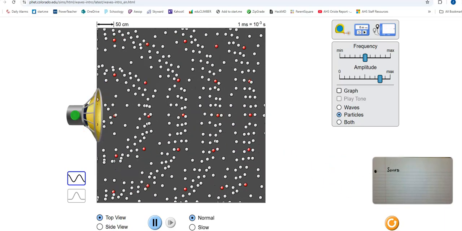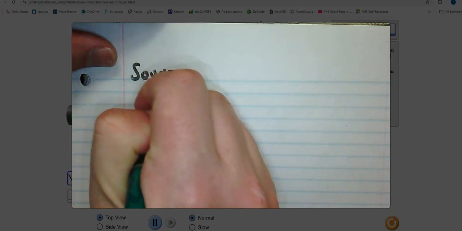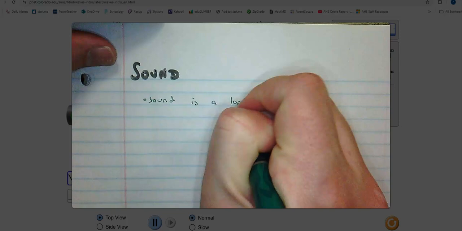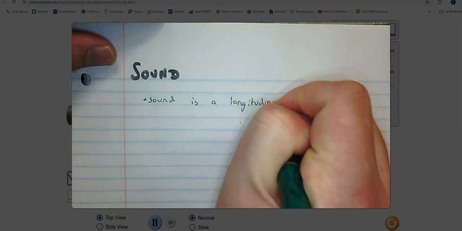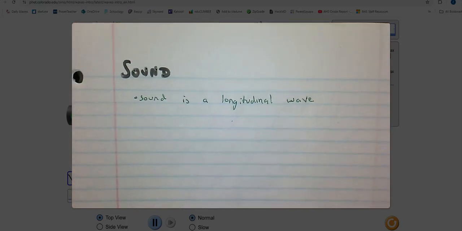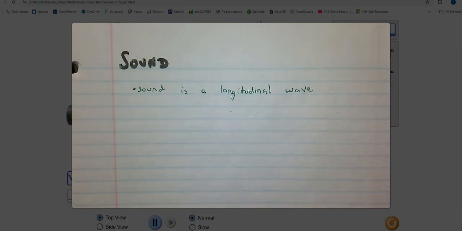So the first thing that I want you to have in your notes is this. The first thing I want you to know about sound is that sound is a longitudinal wave. And since it's a longitudinal wave, it has got to have something to travel. Let me see if I can zoom in.